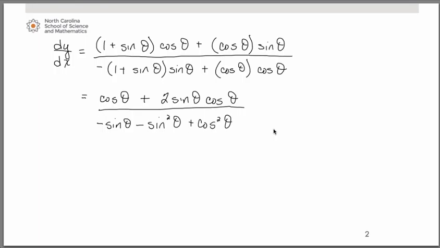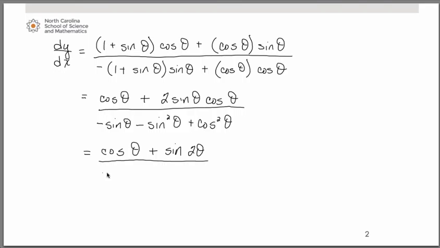This is where we have the opportunity to use some of our double angle identities. We'll keep the cosine theta that's in the numerator, but 2 sine cosine of theta is the double angle identity for sine of 2 theta. Again, use of these double angle identities is not necessarily mandatory, but it does make your calculations a little bit simpler.